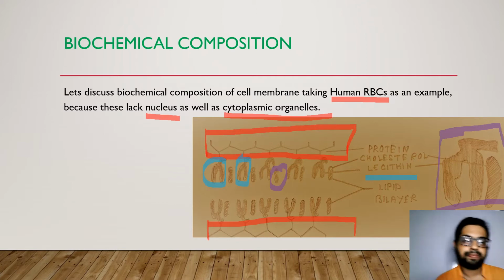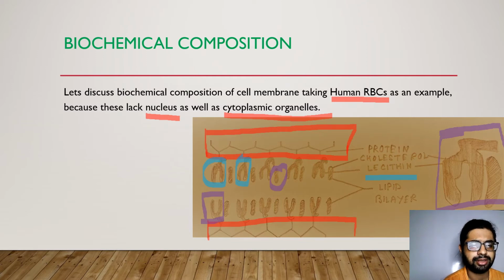An enlarged version of this is given here. This is the protein, this is the lecithin or the lipid moiety. Alongside we have the cholesterol, and you see these lecithin moieties are facing each other, opposite to each other.